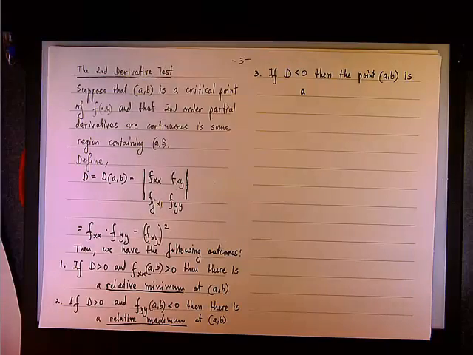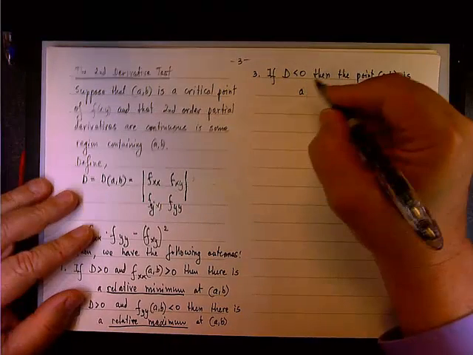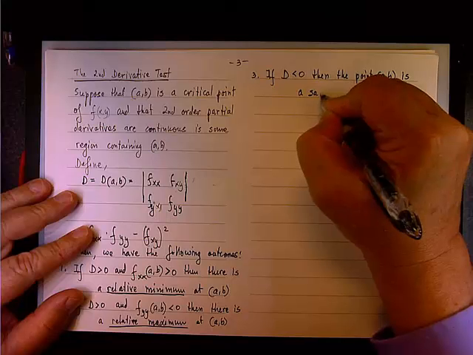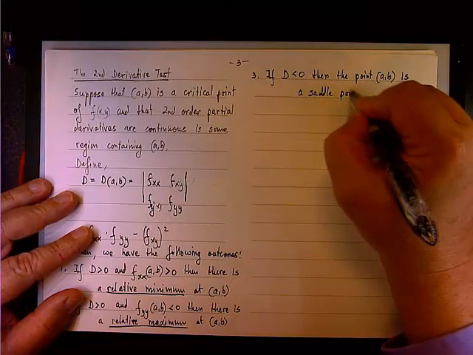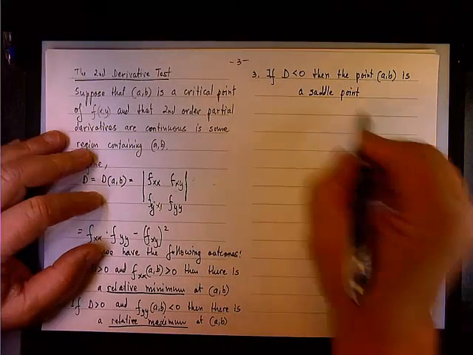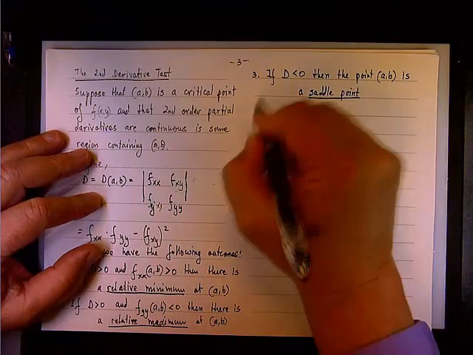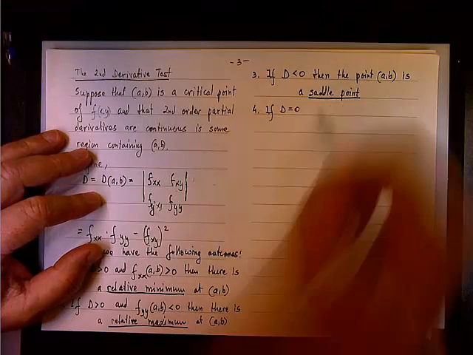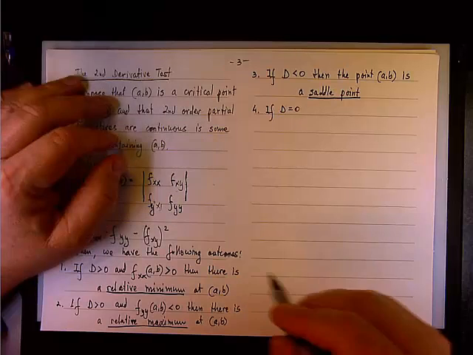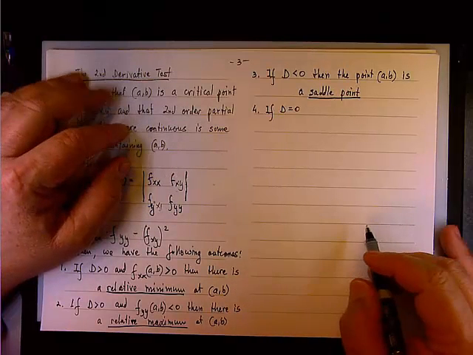So we have a saddle point when the determinant is negative. And the last condition: if the determinant equals 0, then we don't know. We need to do something else.